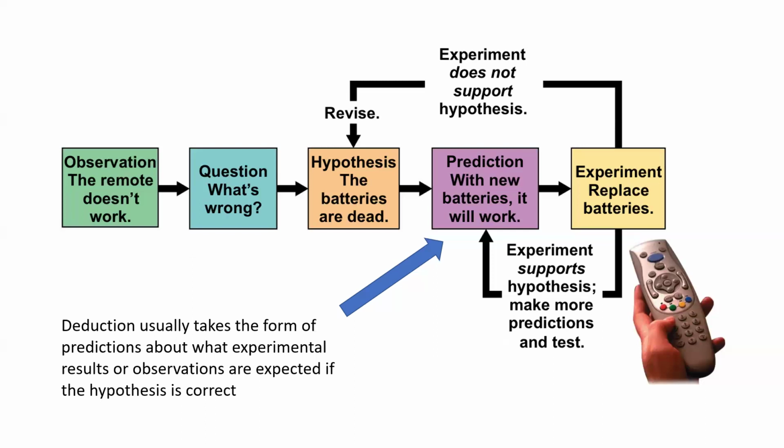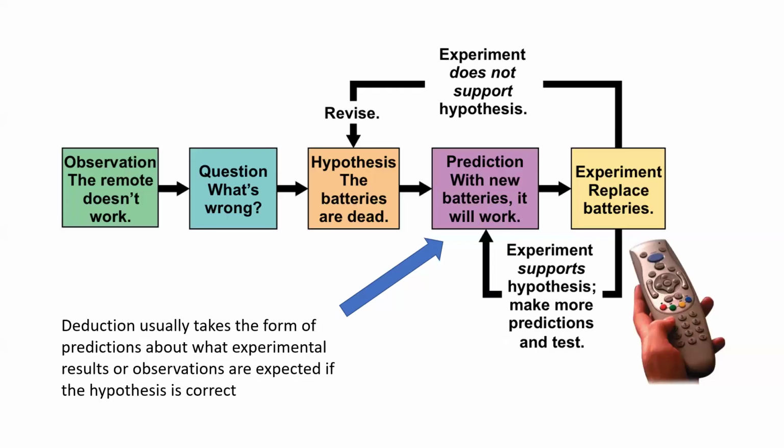The buttons are broken. Sure, a button could be broken. Or it could be the TV itself. Maybe the TV is not plugged in. So there are other possibilities, other explanations for what's happening. And then you would repeat this process until you can solve the problem.